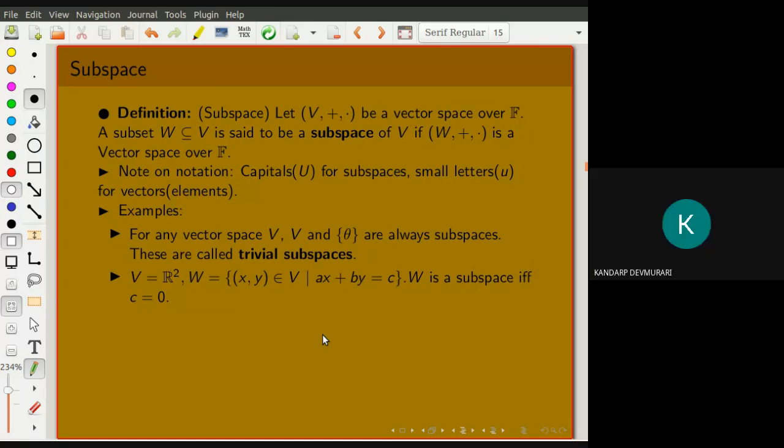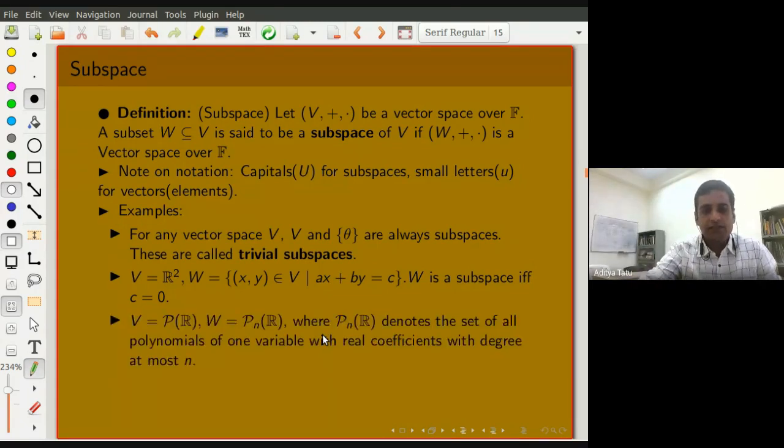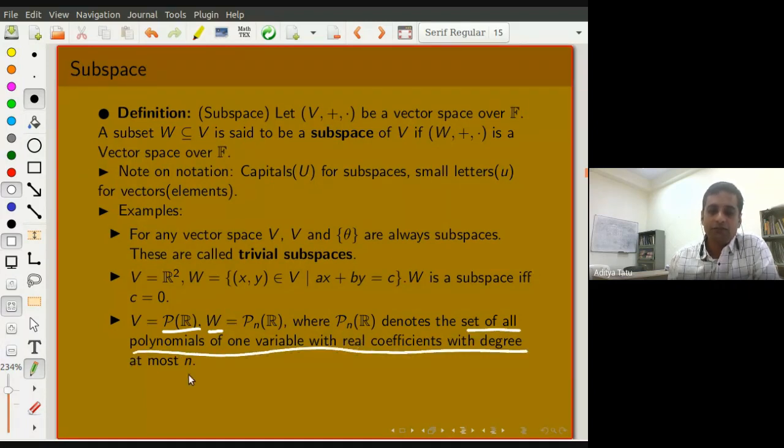Yes, sir. Okay, let's look at other examples of subspaces. Let's take the set of all polynomials that we introduced in the last couple of slides. Let us take a subset of it, calling it W, where W is P_n(R), the set of all polynomials of one variable with real coefficients, but with degree at most n.